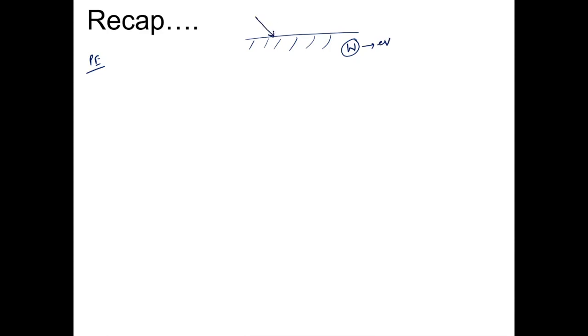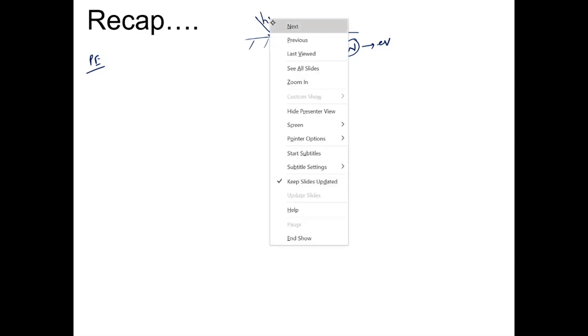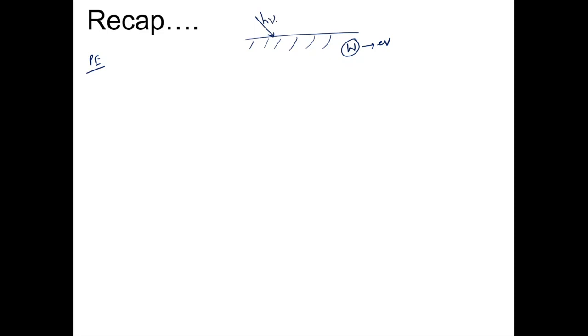Then you had incident light with energy equal to h nu, and the kinetic energy of electrons if h nu is greater than W. The kinetic energy of the electrons which come out of the metal surface is h nu, the energy of the incident photon, minus the work function.